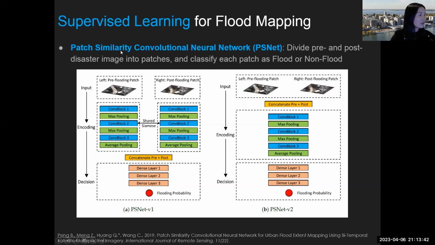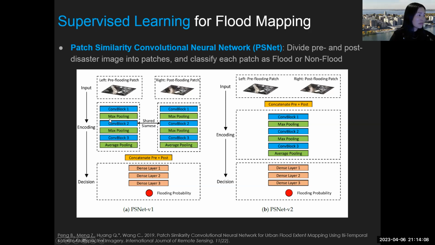The first work we did is develop a supervised learning method by developing a patch similarity convolutional neural network, which divides pre and post disaster images into patches and classifies each patch as flood or non-flood by calculating the similarity between the pre-flood patch and the post-flood patch.